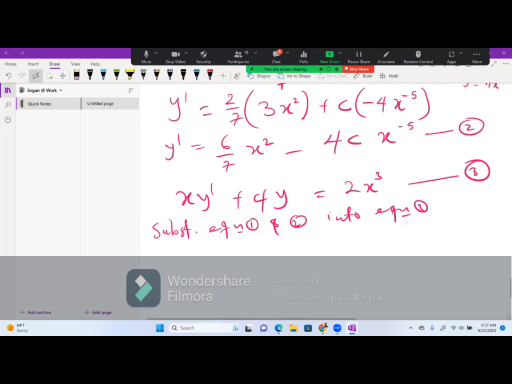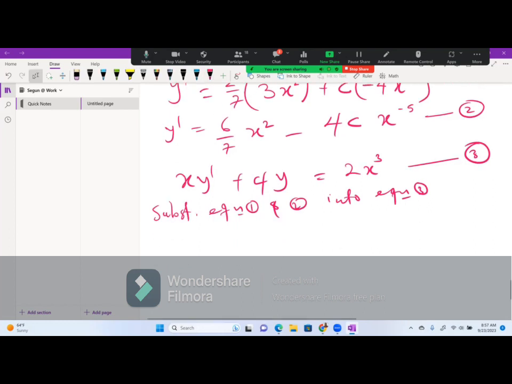We know our y prime, right? Let's substitute y prime first. x multiplied by y prime, 6 over 7 x squared minus 4c x raised to the power minus 5, plus 4. Am I communicating now? What is our y?